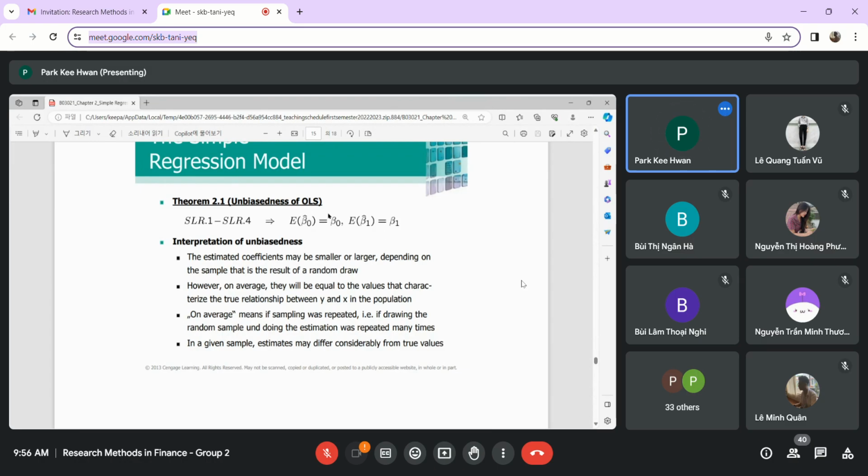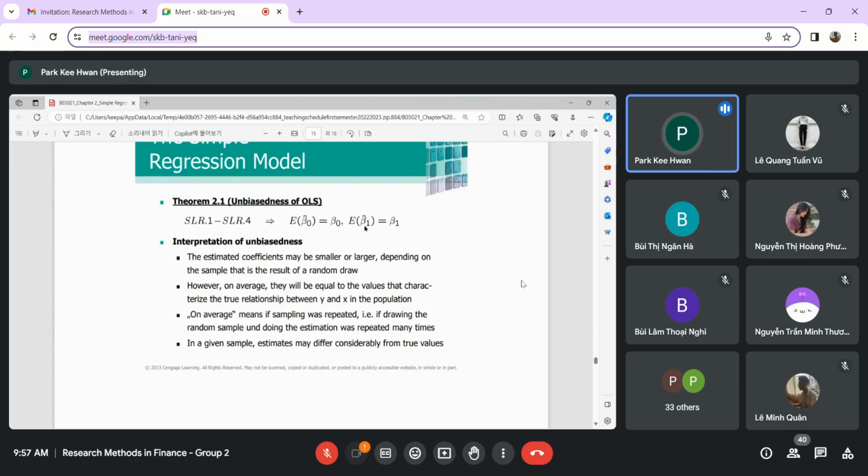So this is what we call unbiasedness of the OLS estimate. This is a very important property of the OLS estimator, and because of this unbiasedness, we use the OLS method to estimate the regression model.